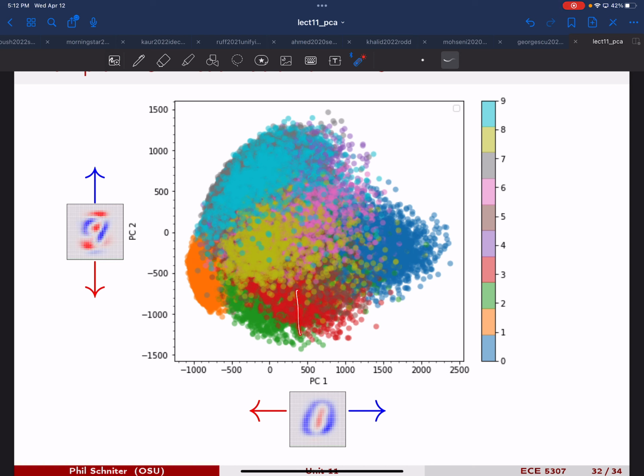Or if you go down, you're in the 2 territory, and maybe a 2 uses those things but not so much those, and so on. So you can kind of understand how these principal components relate to how the data is structured here. Okay, so it's an interesting visualization, but not super useful because a lot of these classes are overlapping.